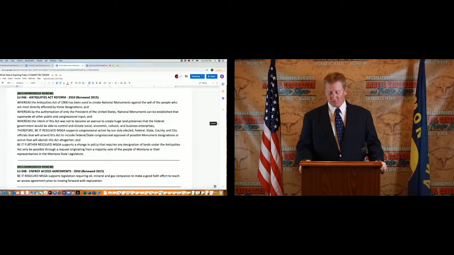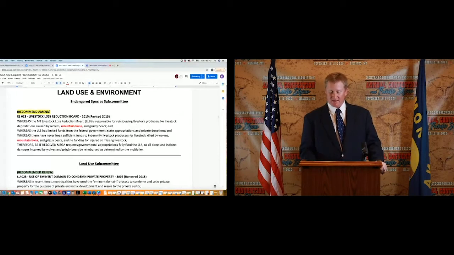We only have one resolution up today, ES 023, a recommended amend to the Livestock Loss Reduction Board. It was last revised in 2015, and it's to add mountain lions to the two whereases, leaving the therefore be it resolved. Is there any discussion or questions?